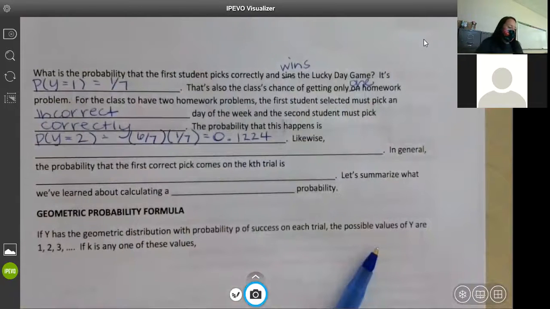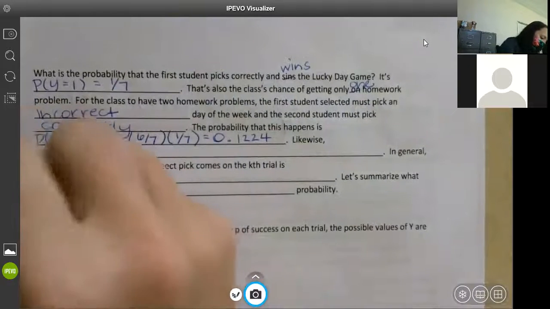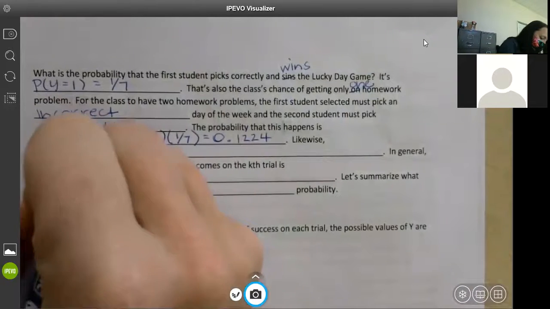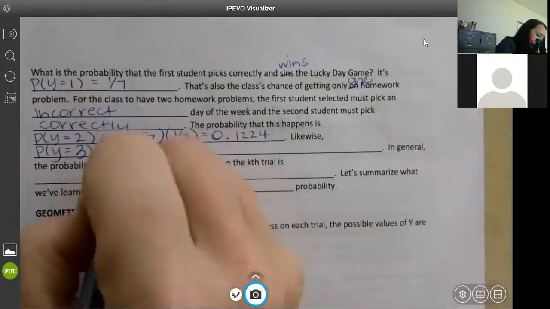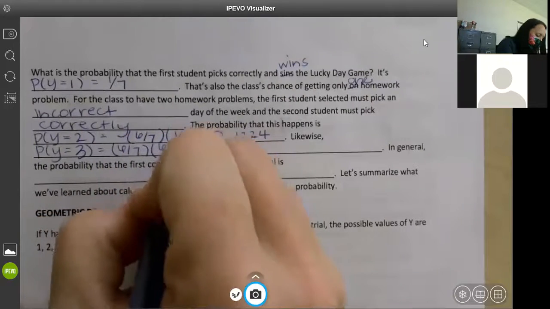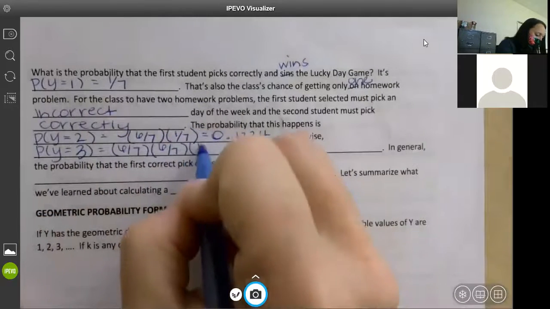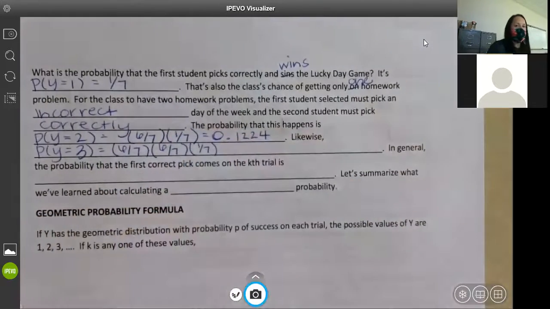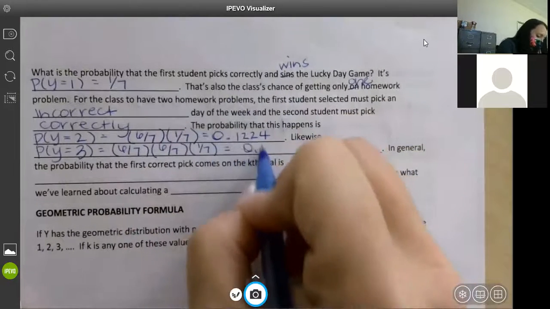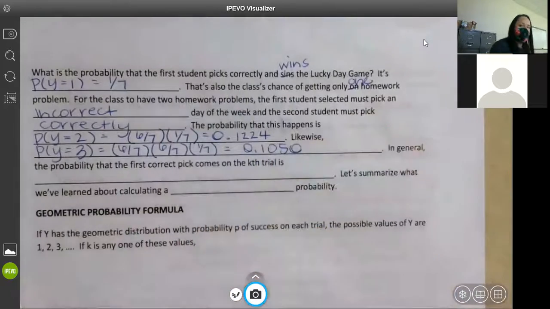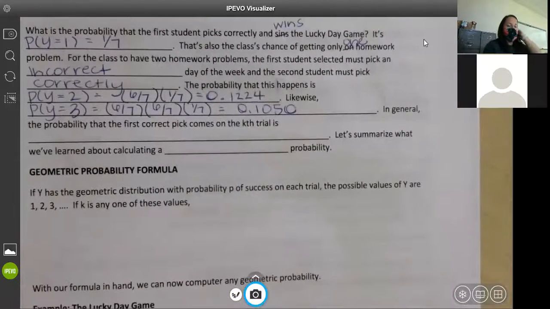Likewise, if we try to get the third one, so the probability that y equals 3, the first two would have to fail, so 6/7 for both of those, and the third student would get it correct, which gives us 0.1050. So this sets up your general equation.